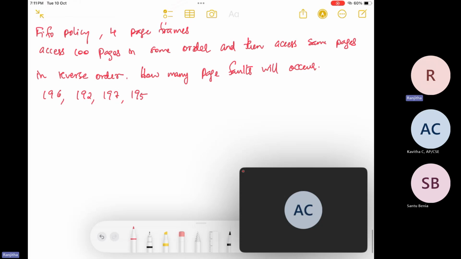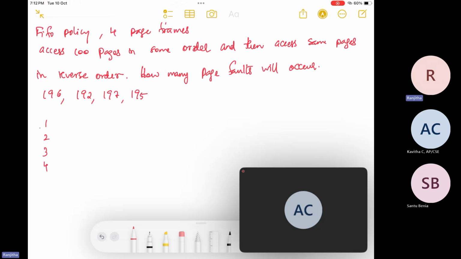Let us assume that the pages are 1 to 100 and they are accessed in increasing order. In the next attempt, they will be accessed in decreasing order, and it's given that there are four page frames.